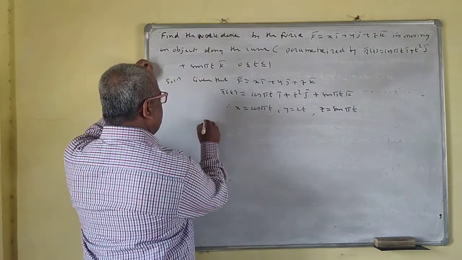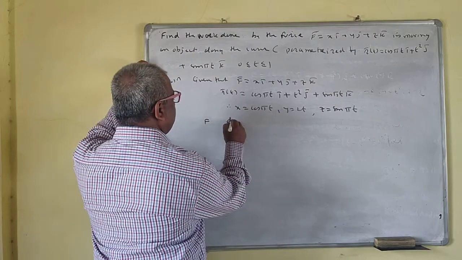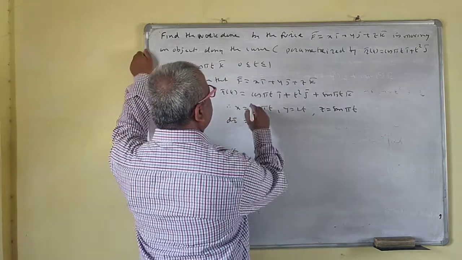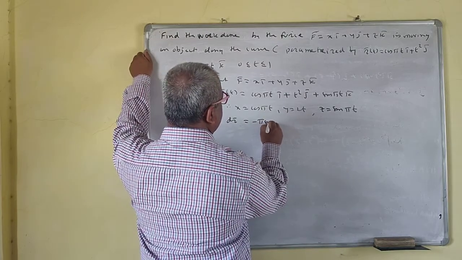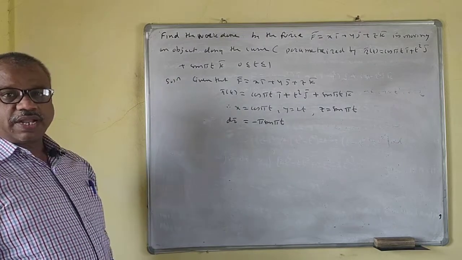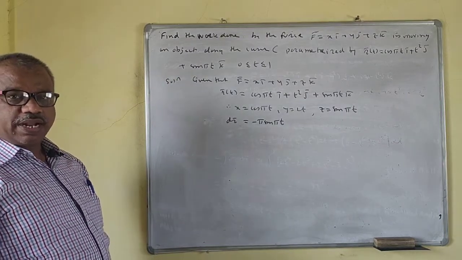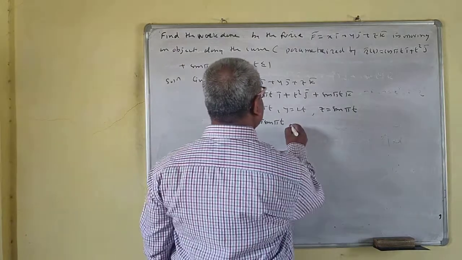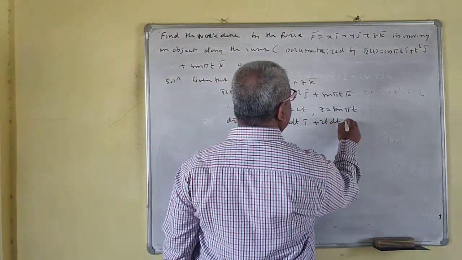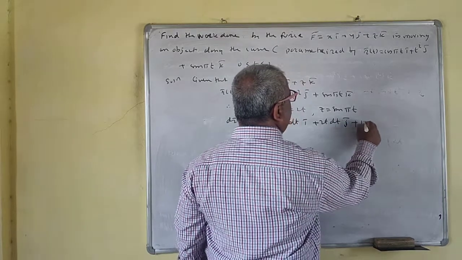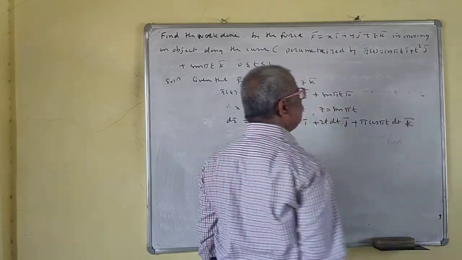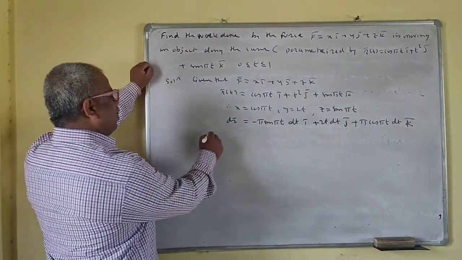So F bar dot dr bar: we'll find dr bar. dr bar is minus pi sin pi t dt i bar, the derivative of cos pi t being minus sin pi t into pi. This dt is very important. Plus 2t dt j bar plus pi cos pi t dt k bar. Now we'll find F bar dot dr bar.